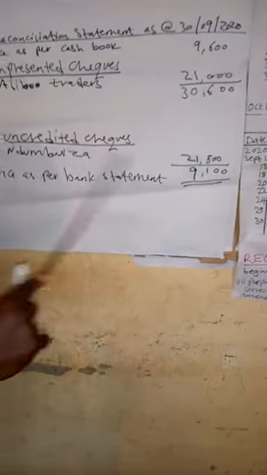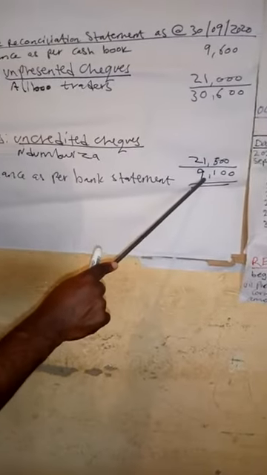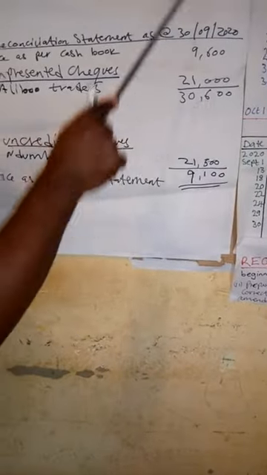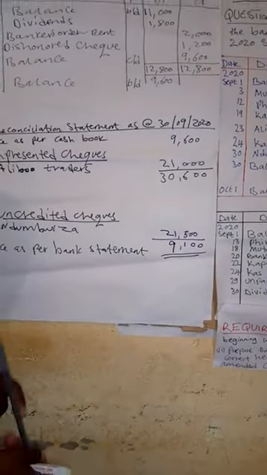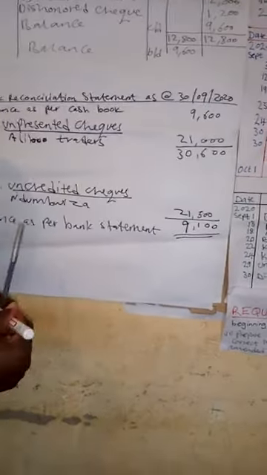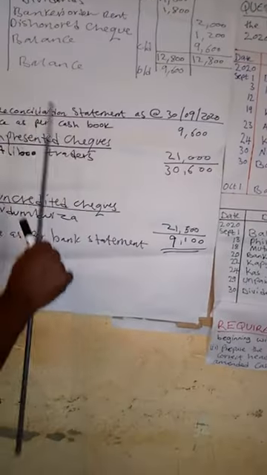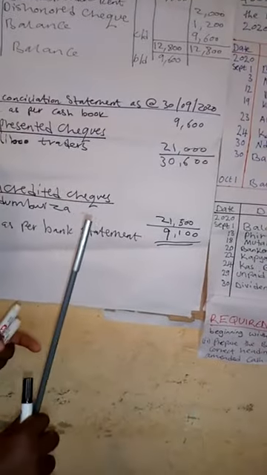When you do that, the balance that you are going to find here should be equal to the balance from the revised cash book. So in the exam, you can either start with this one, or you can start with the bank statement balance.